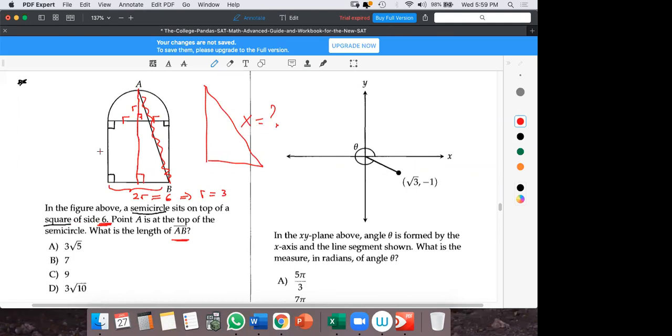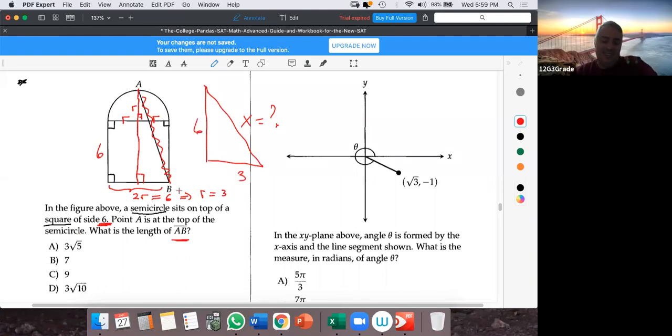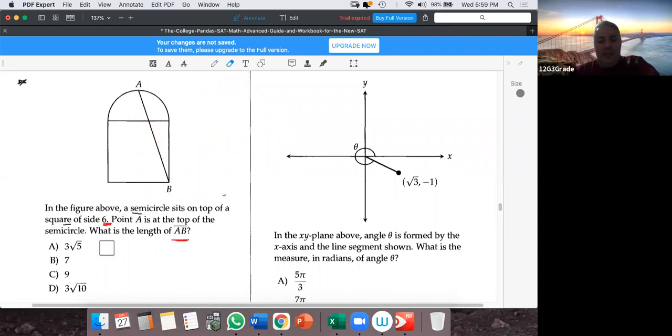Sorry, I personally didn't get it. Can you solve it? That's it. Okay, let me explain.